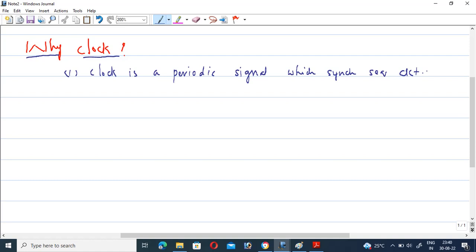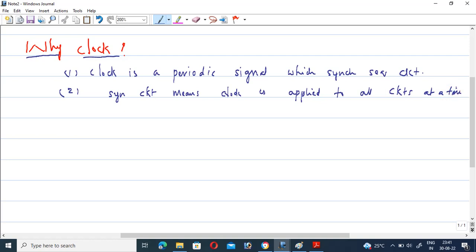For synchronous operation, storage elements must be clock triggered. Synchronous circuits means that the clock is applied to all circuits at a time.